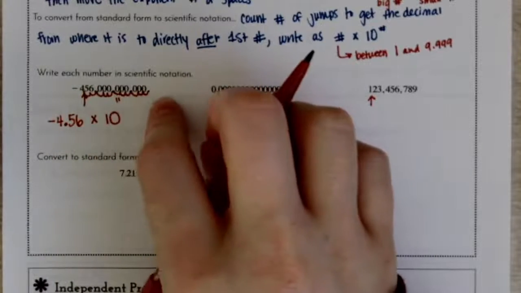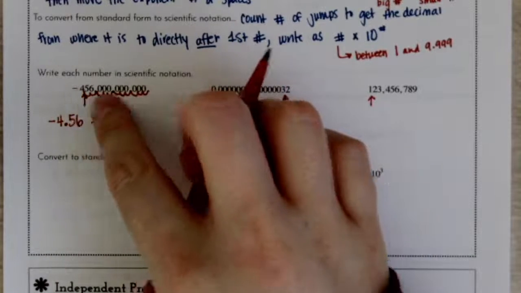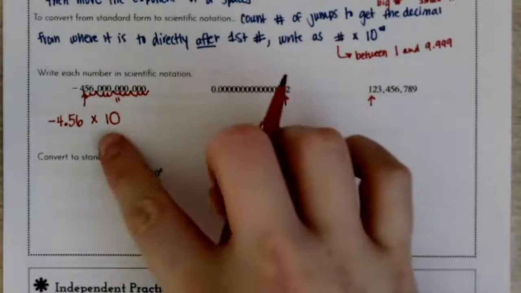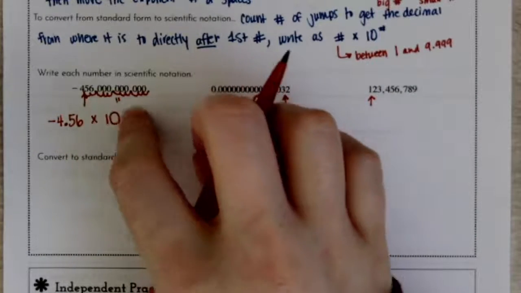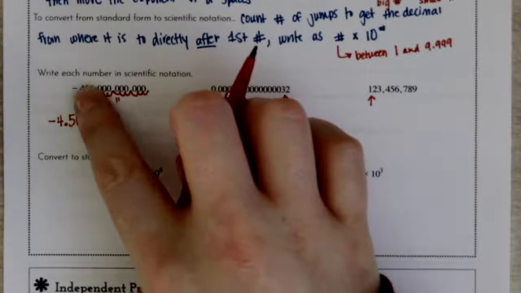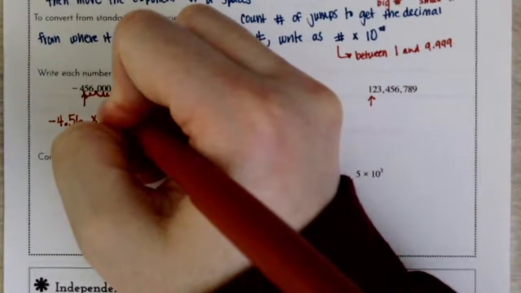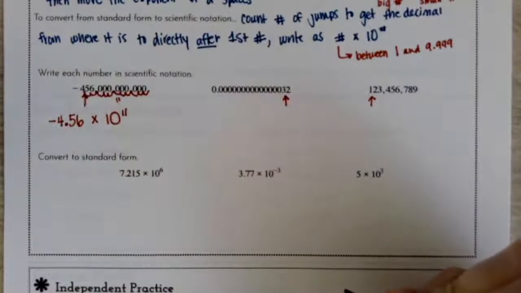All big numbers are whole numbers. All small numbers are decimals. Since this is a very large number, 456 billion would be a lot of money, our exponent is going to be positive. For all small numbers, our exponent is negative.